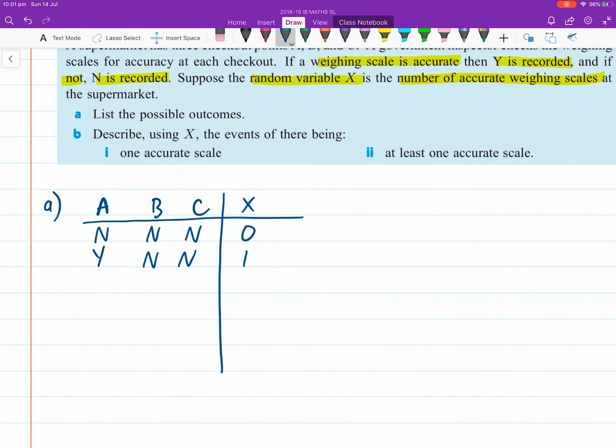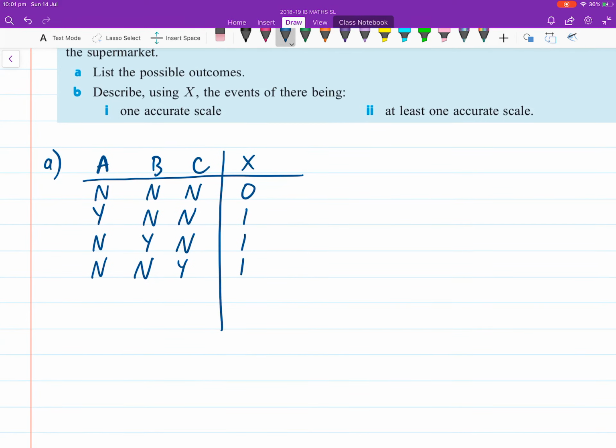So let's go through and do all of these. Let's say this time that's no, and then yes, no. So that's 1. And let's say this time it's no, no, yes, which is still 1. Now that's all the combinations I could do for 1 accurate scale. Now I've got to do 2. So maybe yes, yes, no, so that will be 2. And let's say we go yes, no, yes, which is 2.